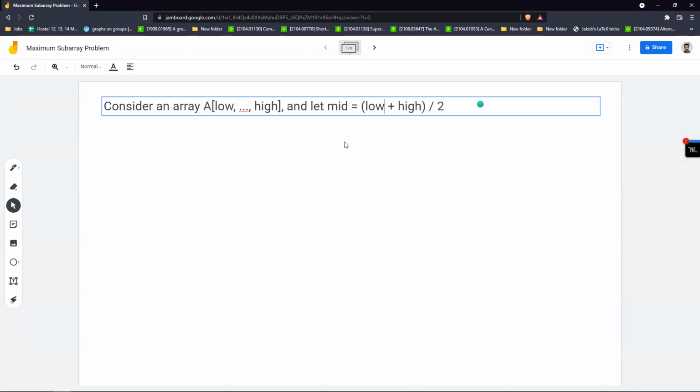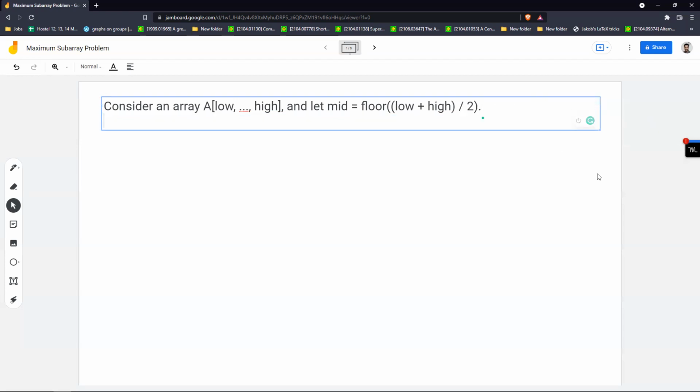Is that right? But this could still be a fraction, so what do we take? We take the floor function. So we take the floor of low plus high divided by 2. So that's the middle.